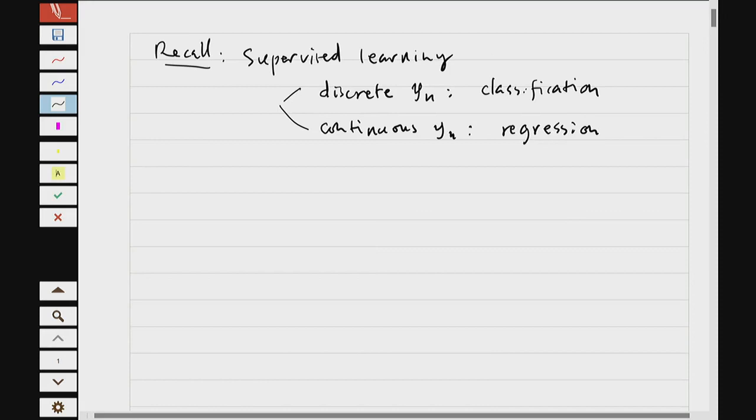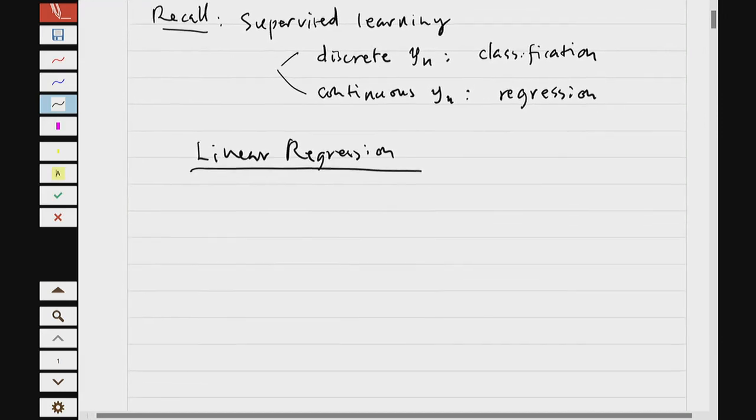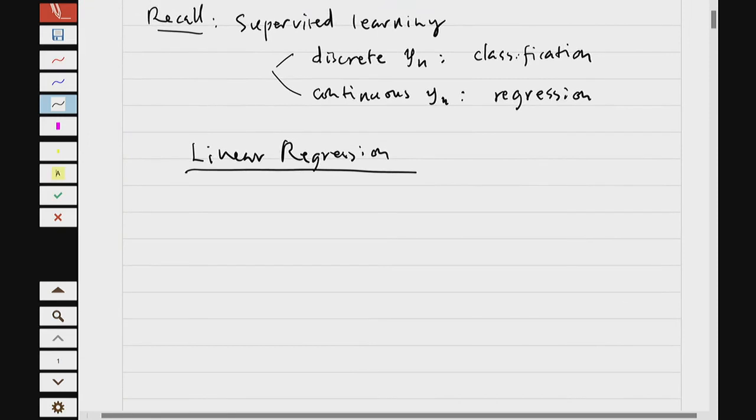And in particular, we will focus on the linear form of regression. So we have linear regression, and we're going to set it up.